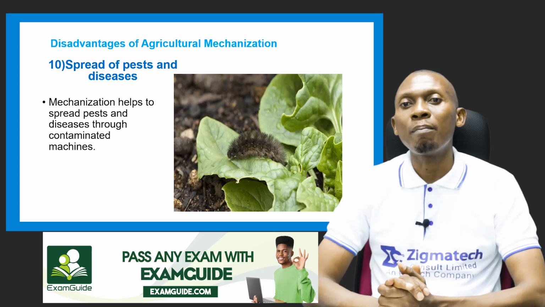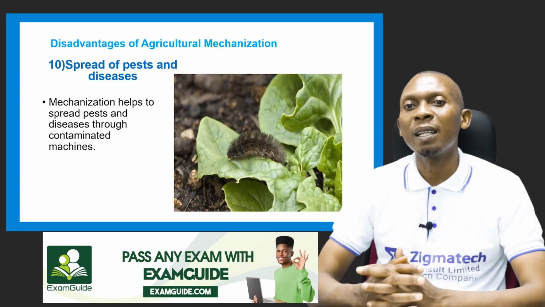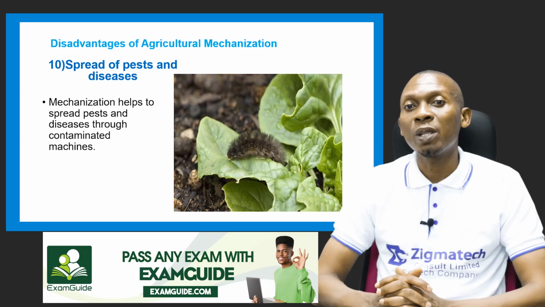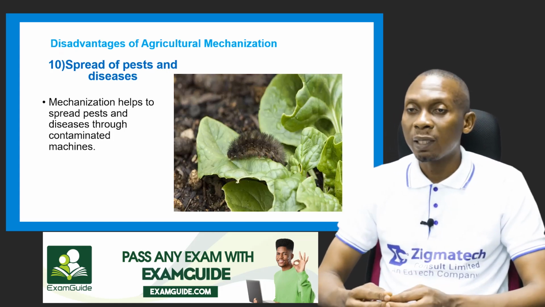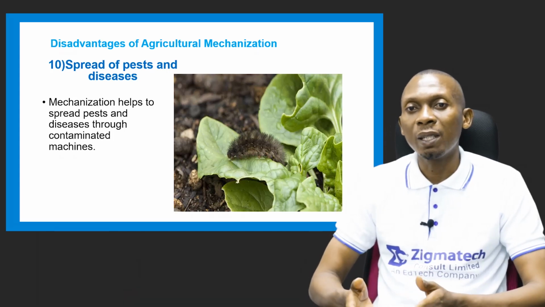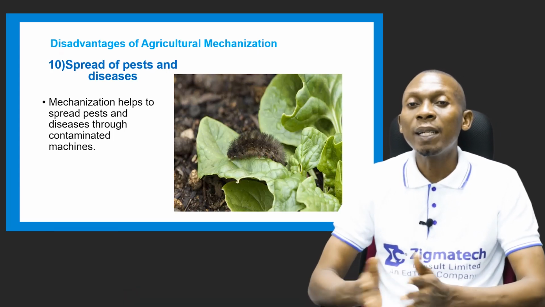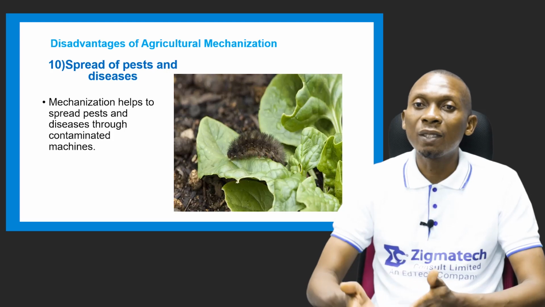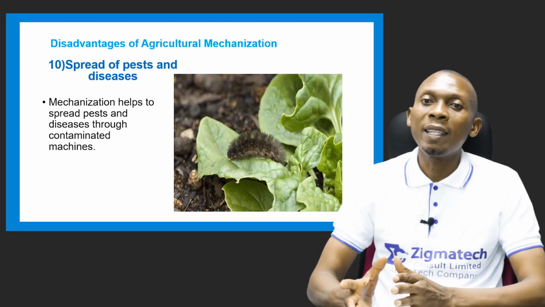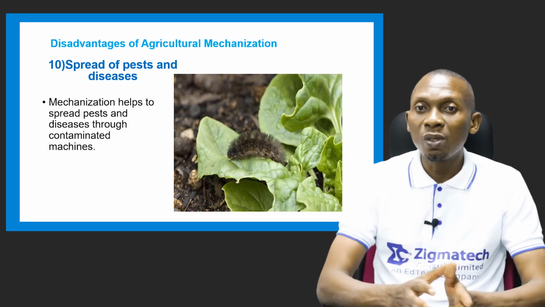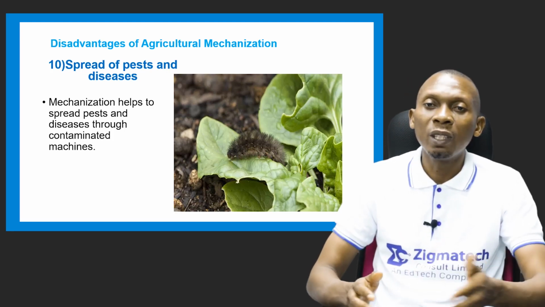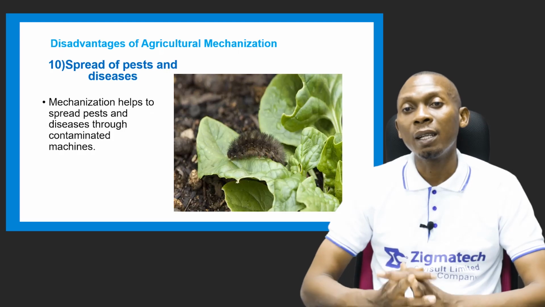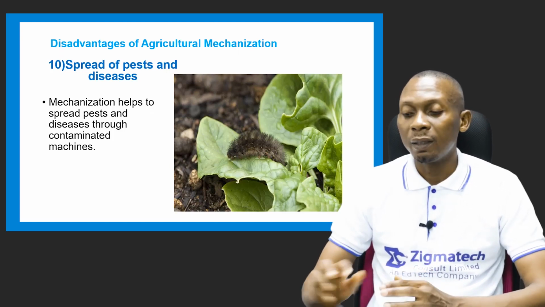Spread of disease and pests. Now, these machines can help to spread pests and diseases through contamination. When the machine gets in contact with the plants or the animals, the pathogens or the pests can stick to the machines, and while they are being used in other parts of the farm, those pathogens that have stuck to them will be moved to other parts of the farm, so they can help to spread pests and diseases.